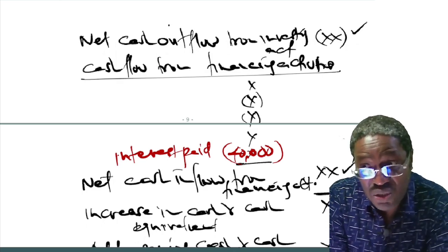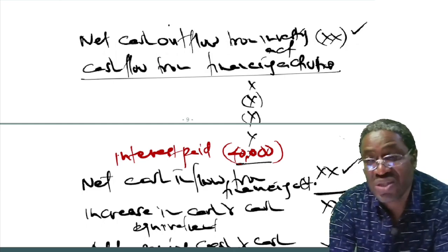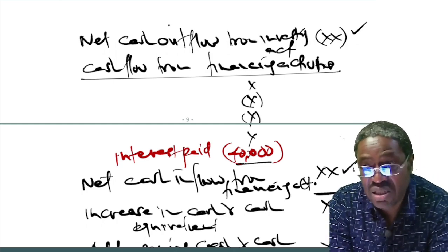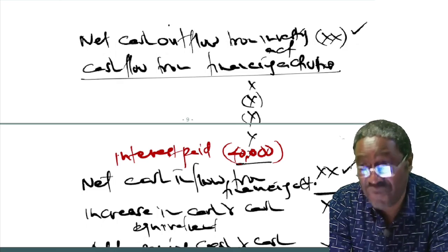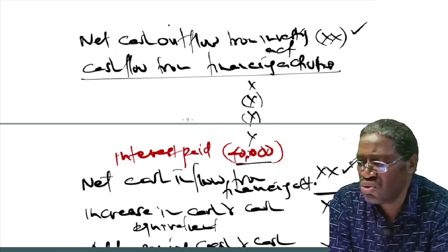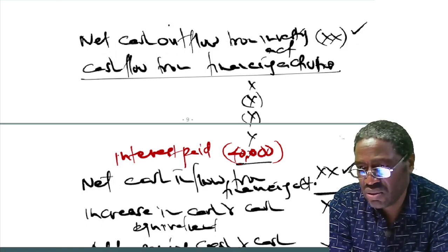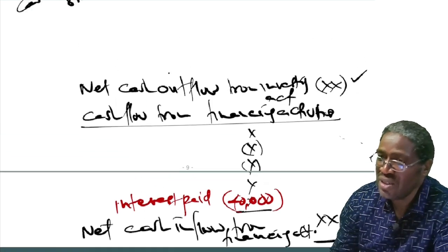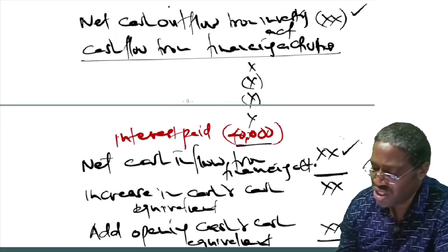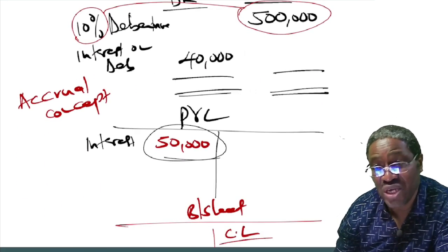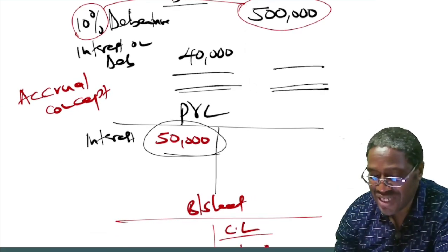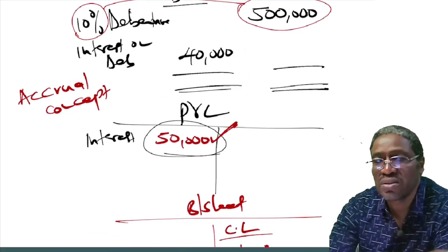Now listen. Hope you have understood. I have to repeat because this is something you should understand, because every question would come with this item called finance cost. Every question you will do will come with it. I have said, whatever you charge in the P&L account as interest, which in our illustration here is 50, is not what you paid.